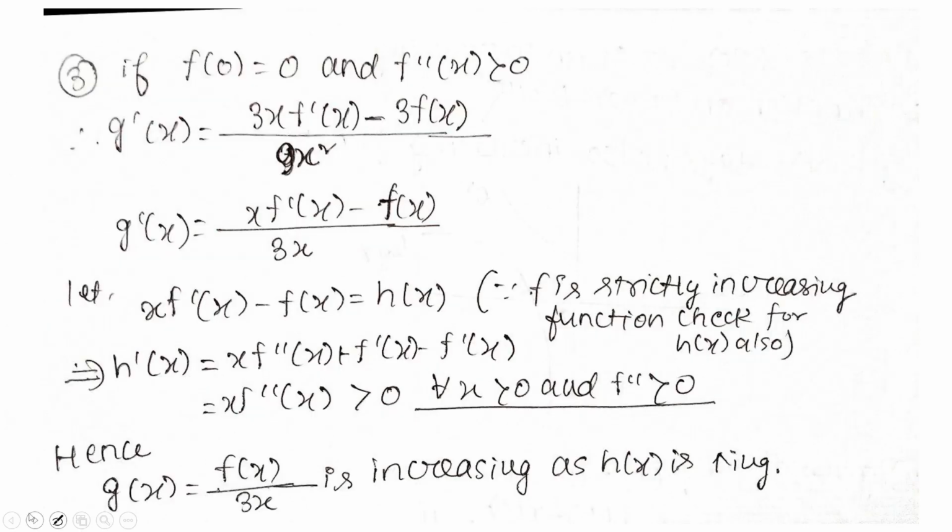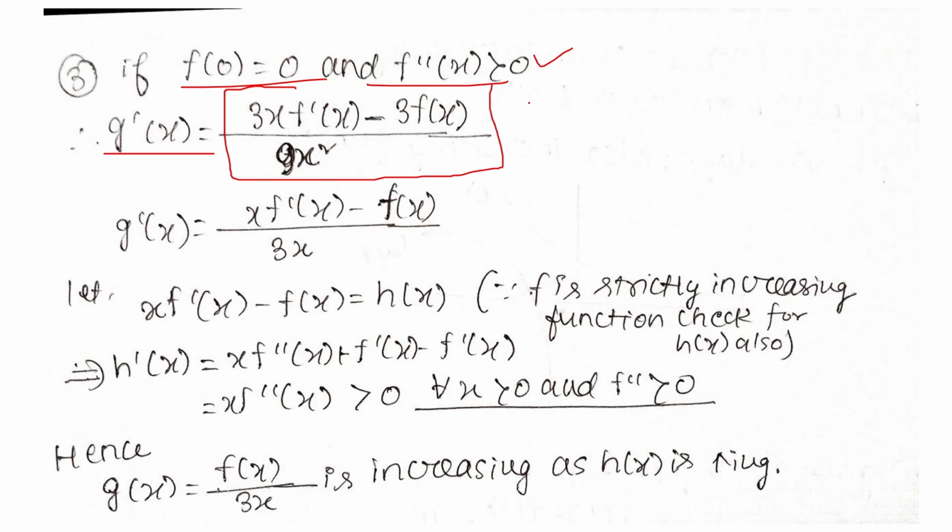Go to the next slide. If f(0) equals 0 and f double dash of x is greater than 0, as given here, then g dash of x equals, this is what we have got from what we learned in our basic differentiability.